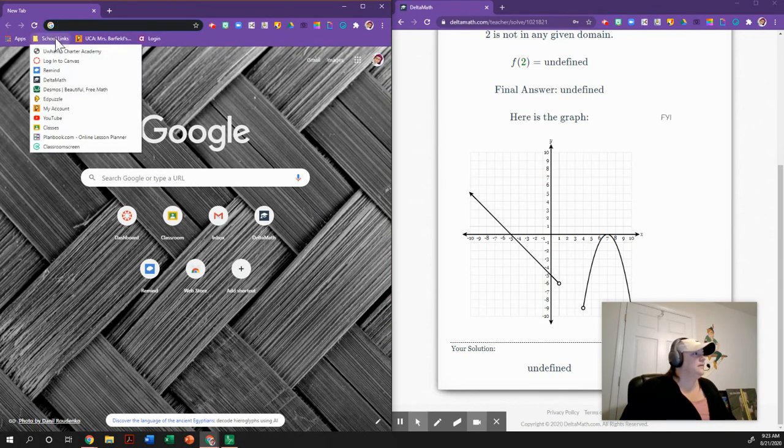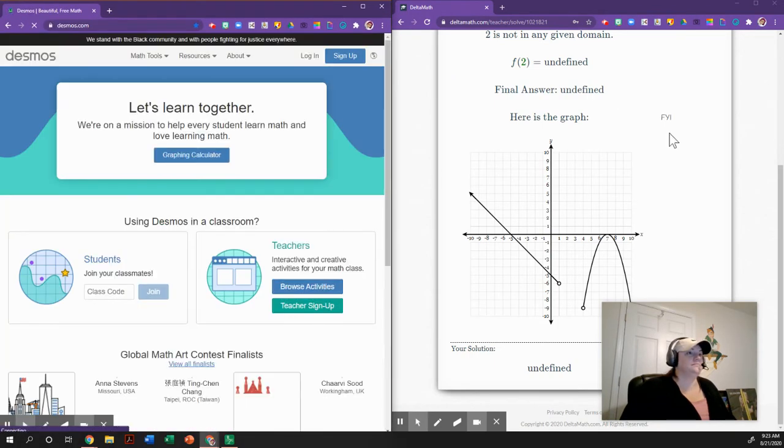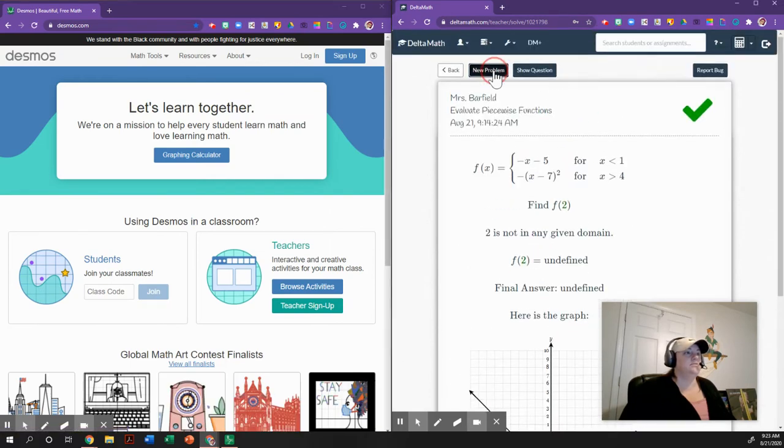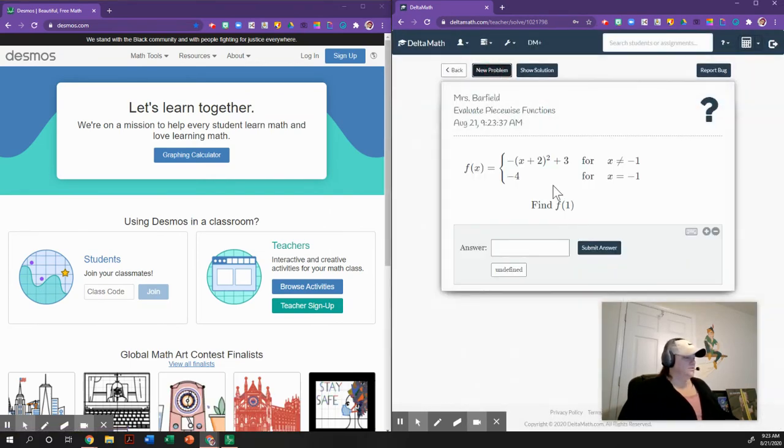Now let me bring up Desmos and do a new problem. So how do I type this in? It says for x does not equal negative 1, and then negative 4 for x equals negative 1.